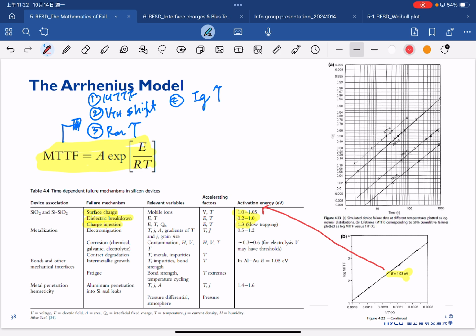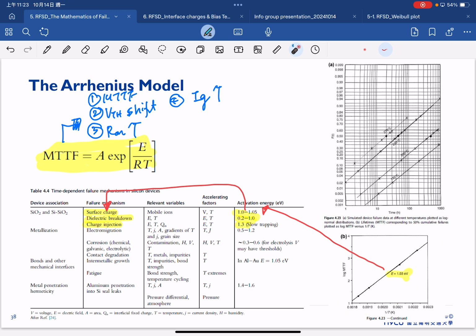and find that someone in the past also found this value and indicated it is related to the surface charge. So now we can start to think about whether the surface charge can be the possible mechanism based on this Arrhenius plot.